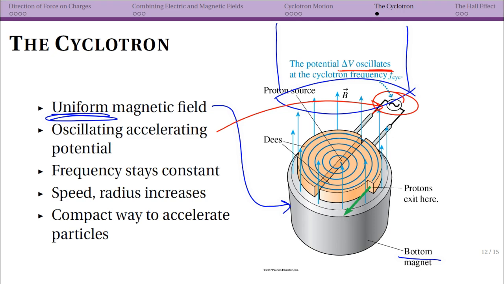So what is that actually connected to? Well, that potential is connected to what are called Ds. They look like the letter D, so that's where the name comes from. These are just metal boxes that are semicircular shaped, and we're putting a potential difference between them.